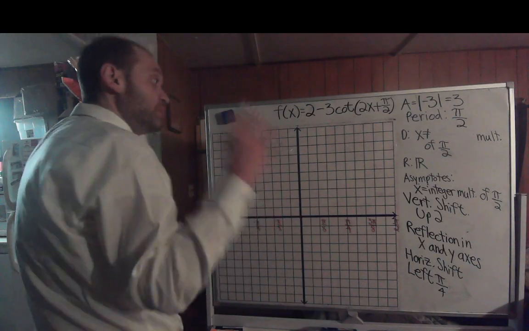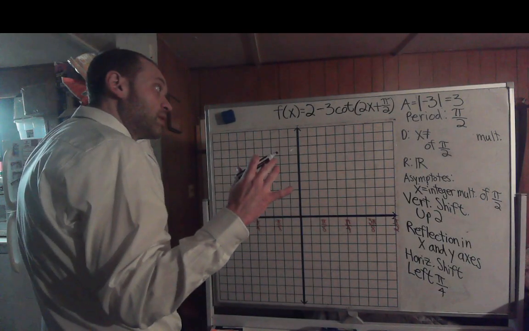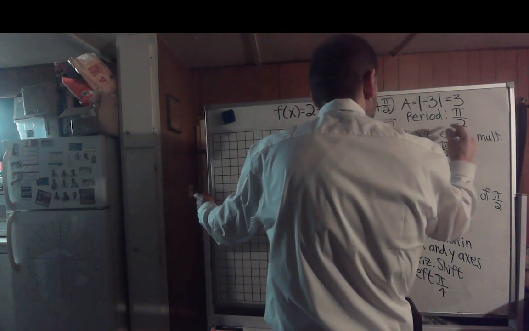No, actually, it should be even. X not equal to even multiples of pi over 2.